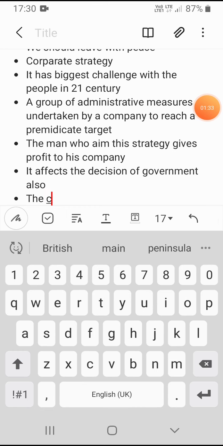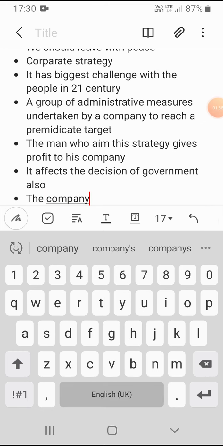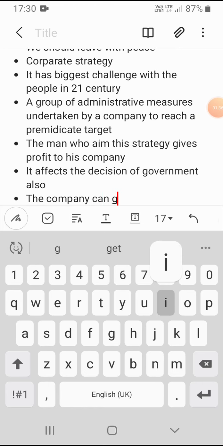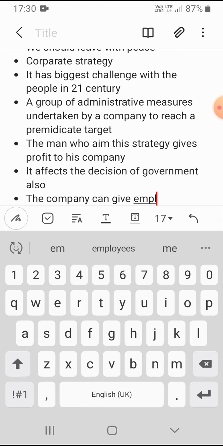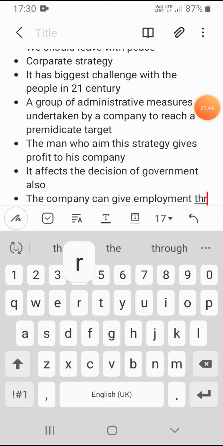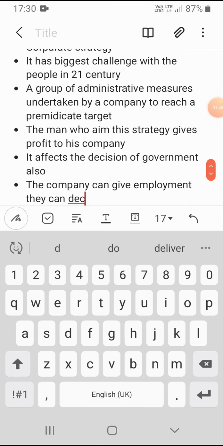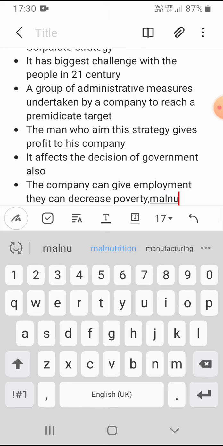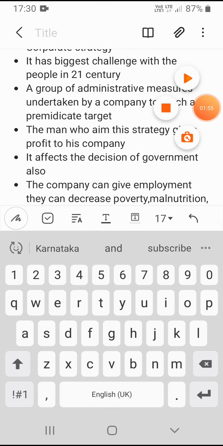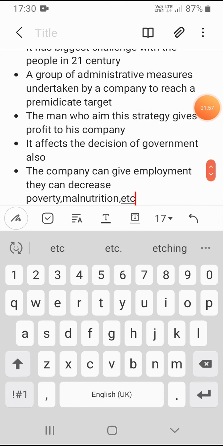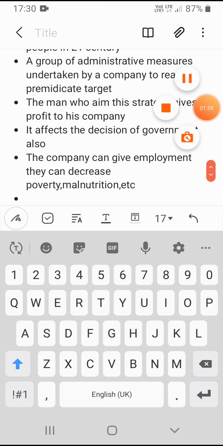A company that gets profit can give employment and decrease poverty, malnutrition, and other things by helping the people.